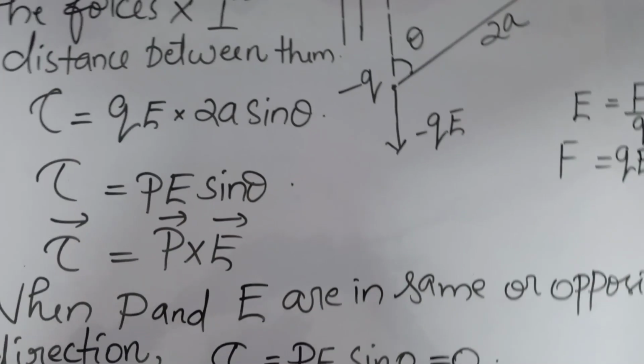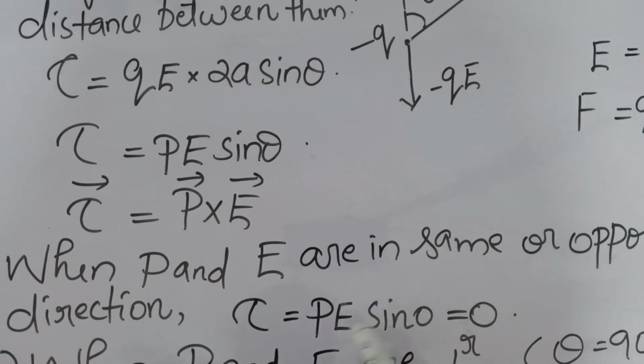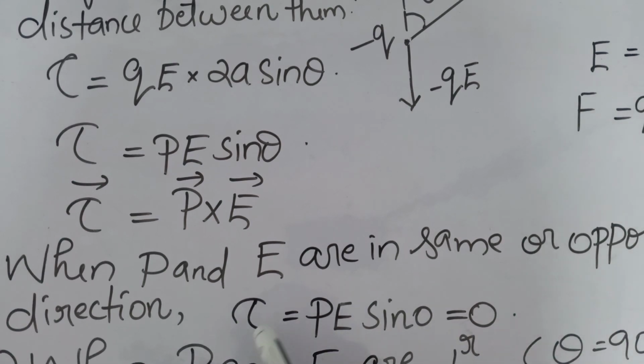Then what will be the torque acting on that? Tau is equal to P sin theta. Right, here if theta is equal to 0, what will happen? Sin 0 is 0, right? Or 180 degree means again that will be 0. So torque will be 0 if P and E are in same or opposite direction, that is theta is equal to 0 degree or 180 degree.